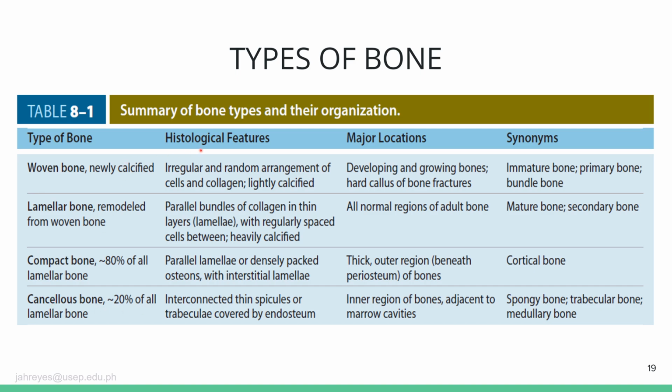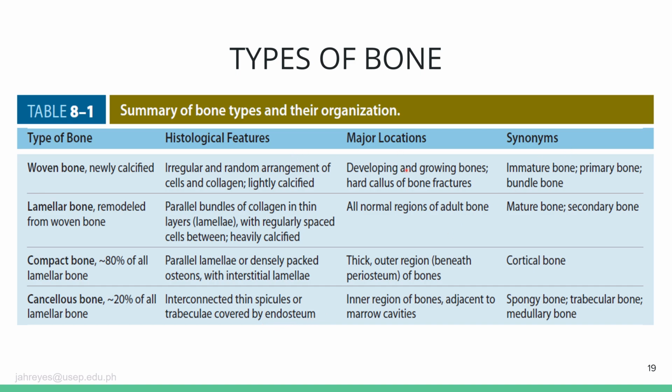So in terms of physiological features, the woven bone will appear as irregular and random, and they are lightly calcified, while the lamellar bone, they will consist of parallel bundles of collagen in thin layers and are heavily calcified. So the compact bone are densely packed osteons with interstitial lamellae, and the cancellous bone will consist of different spicules or trabeculae covered by the endosteum.